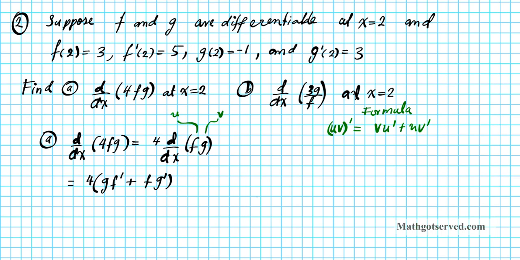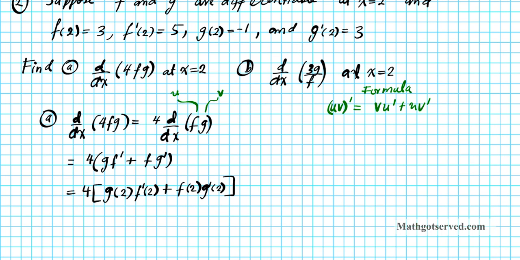So we're going to have 4 times g of 2 times f prime of 2 plus f of 2 times g prime of 2. Okay? Now all we simply do is plug in the values of the functions and their derivatives into this expression, evaluate it, and that'll be our final answer.